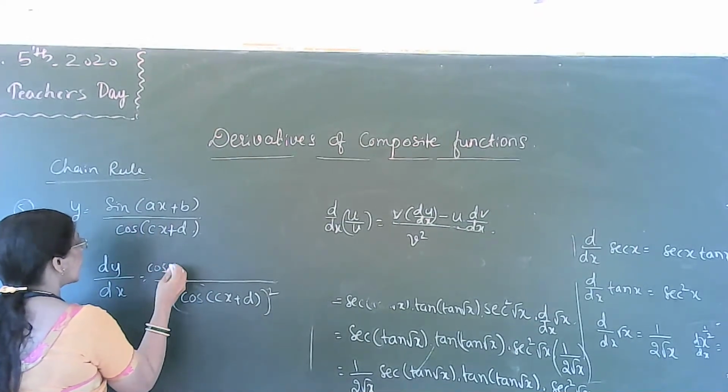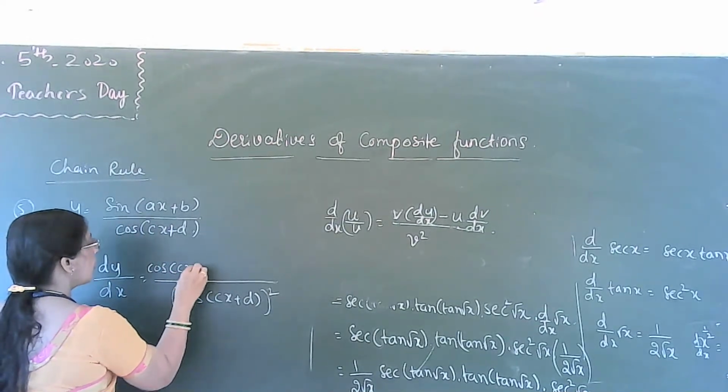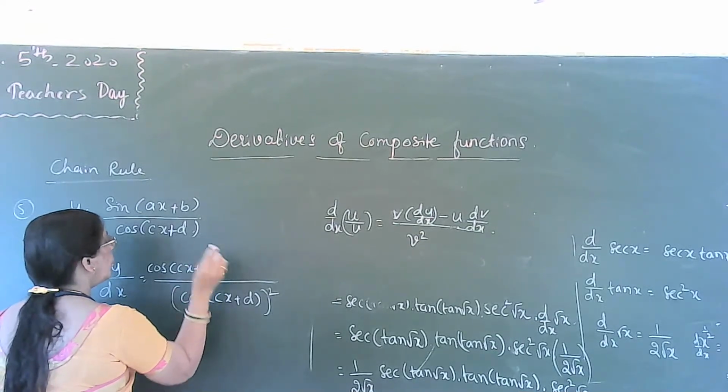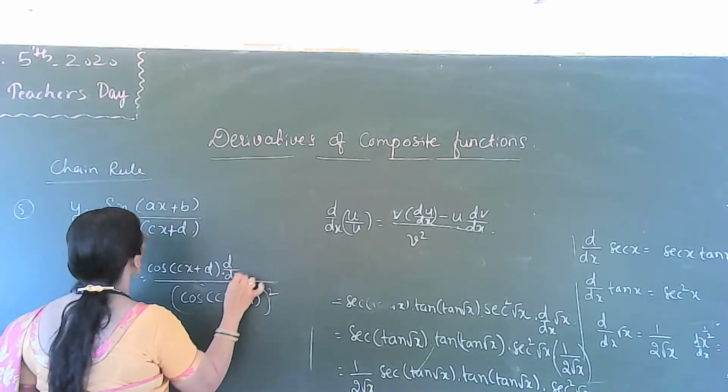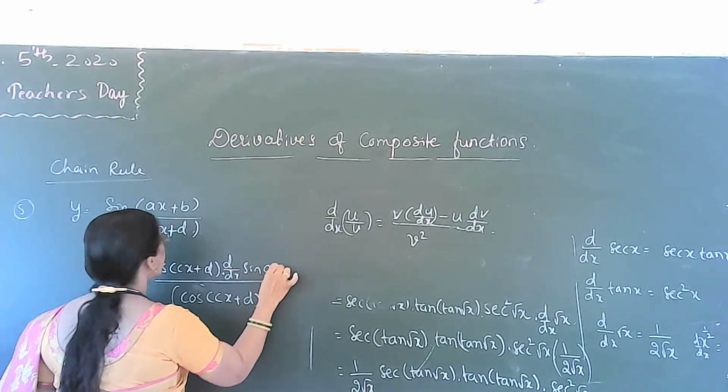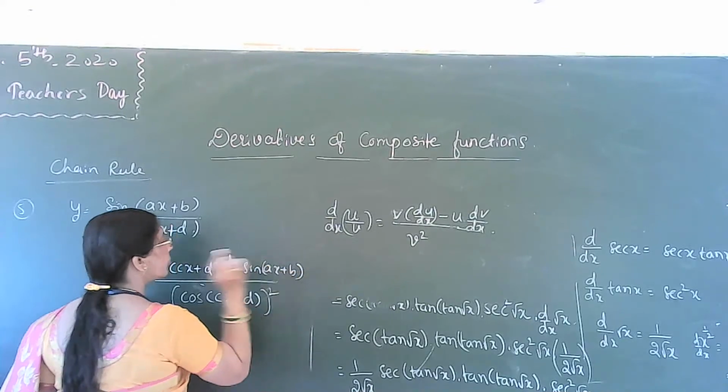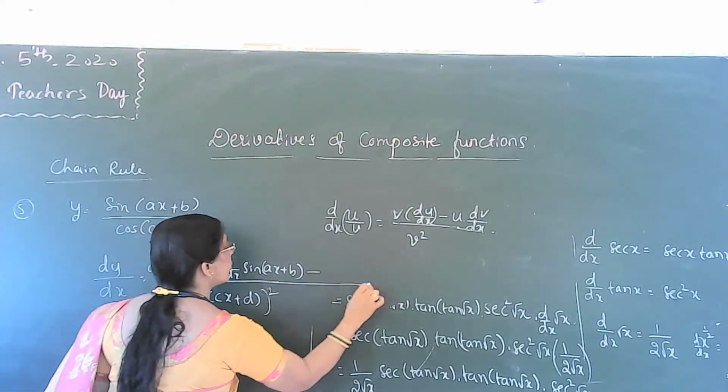Here cos of cx plus d into the derivative of this one, d by dx of sin of ax plus b, minus.